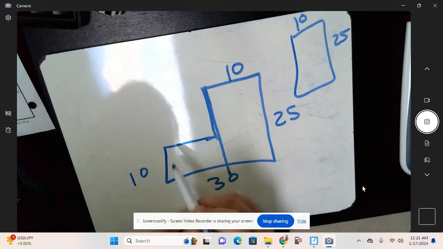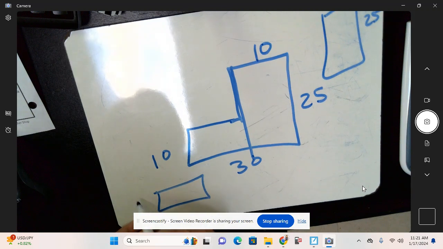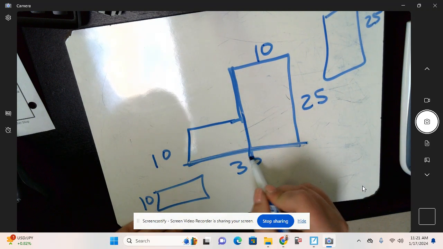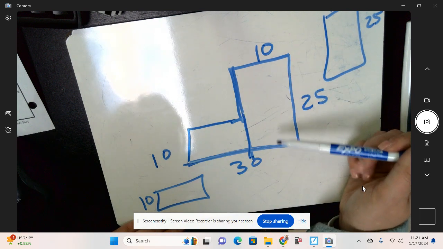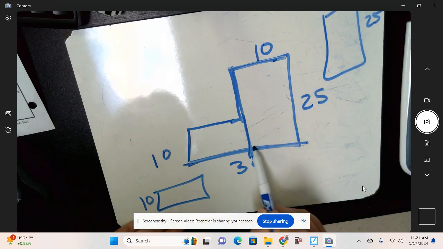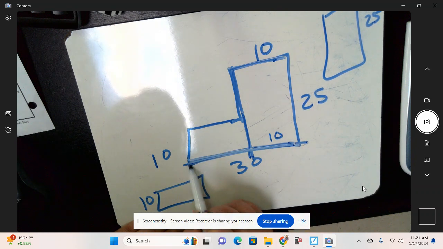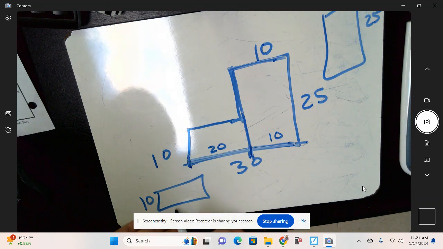And then I have this rectangle right here. But I cut this rectangle. This whole piece used to be 30, but I cut it. I know that opposite sides are congruent, so I know that this side is 10, that means this side is 10. So I've used 10 of the 30, which means this piece from here to here has to equal 20.